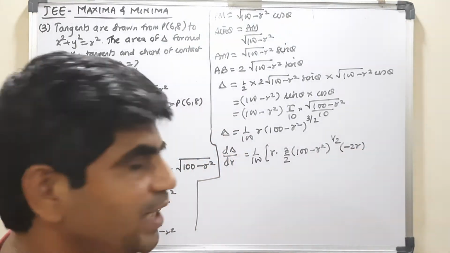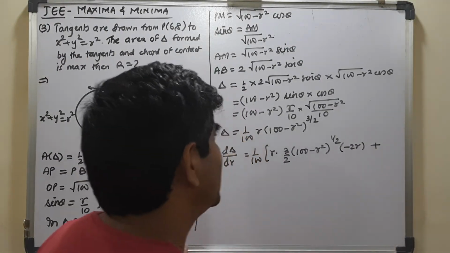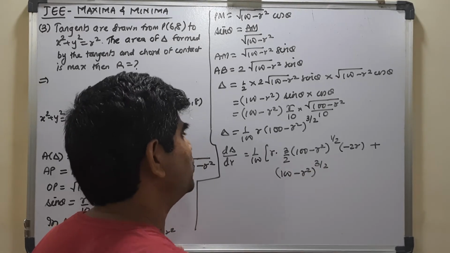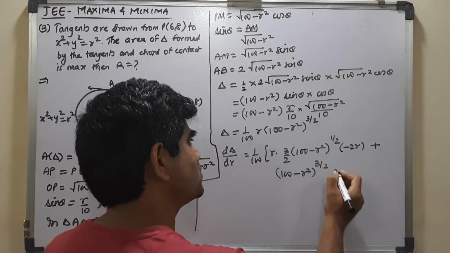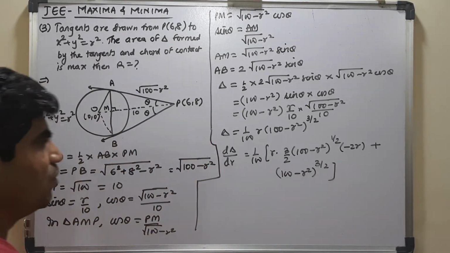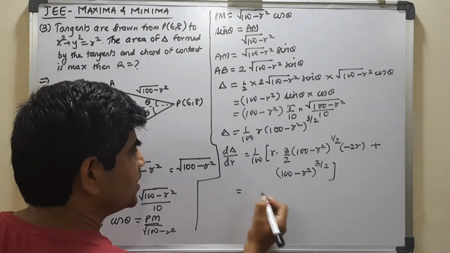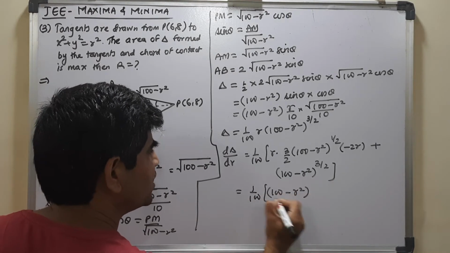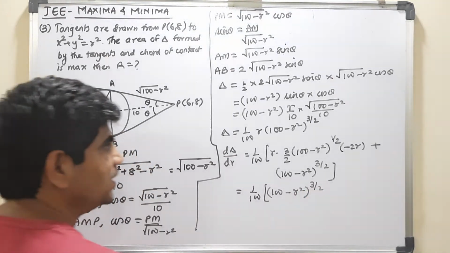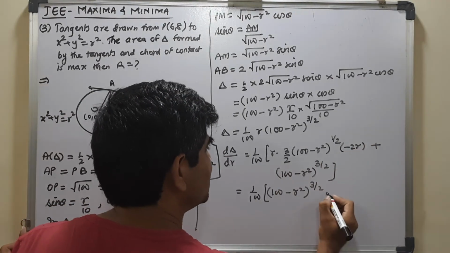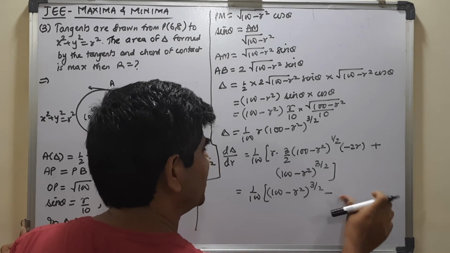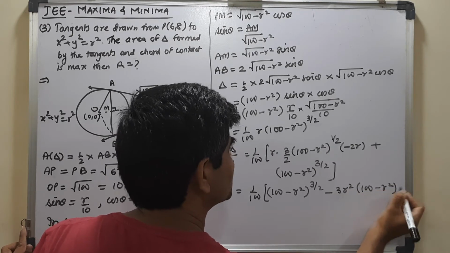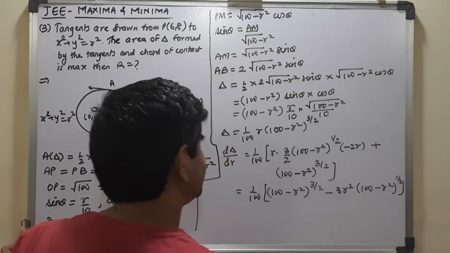This is the first part, plus you get 100 minus r square into 3 by 2 into derivative of r, that is 1. So what I get here is 1 by 100, 100 minus r square raised to 3 by 2, then this 2 and this 2 cancel, minus 3r square into 100 minus r square raised to 1 by 2.